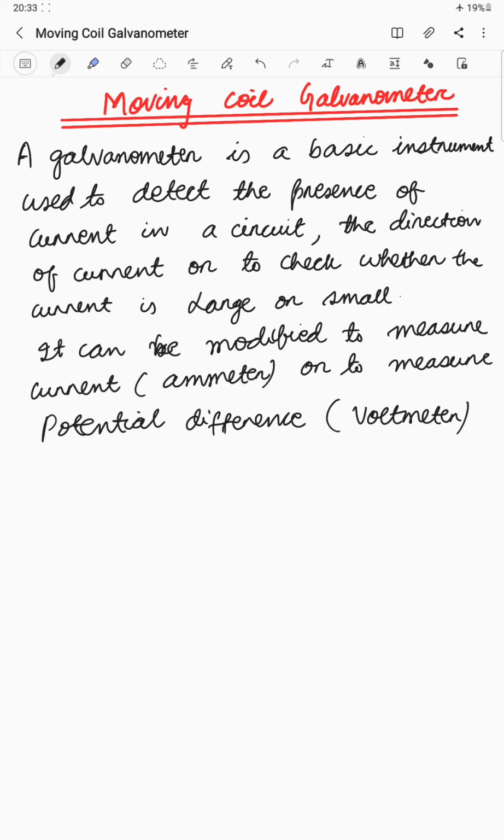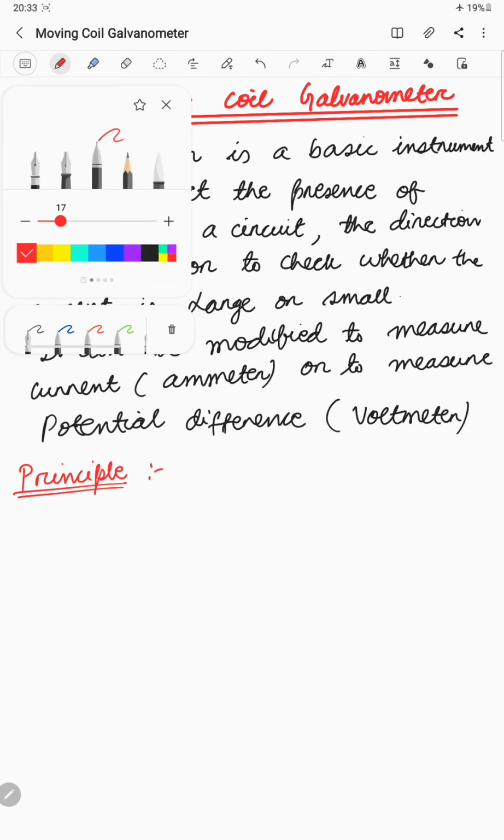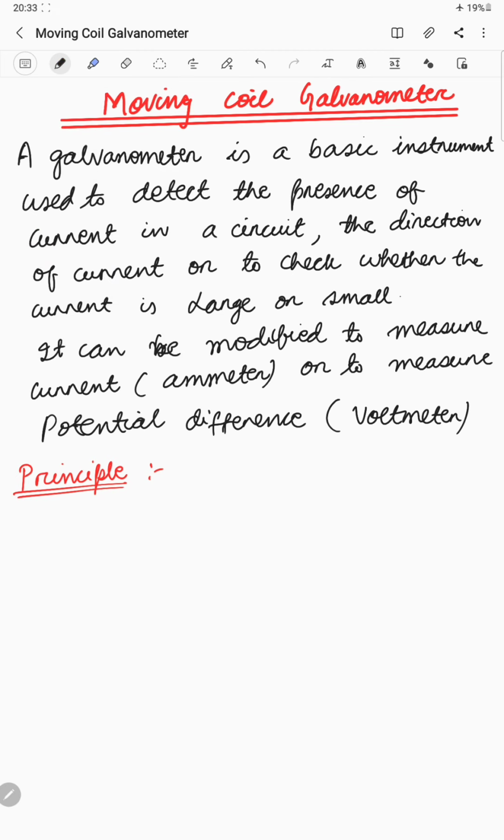But next question comes, it is based on which principle? 1-mark question comes, what is the principle of a moving coil galvanometer? The principle: it is based on a current carrying coil placed in a uniform magnetic field, experiences a torque.